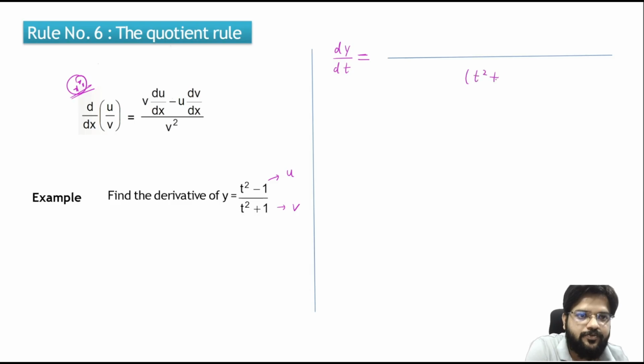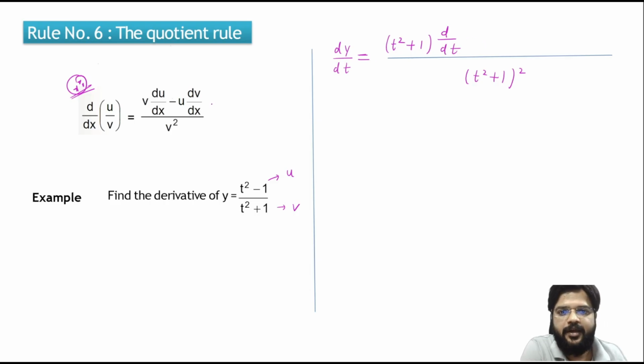So t square plus 1 whole square, and then the denominator function we will write in the numerator as it is. So t plus 1 we are writing as it is, dy by dt, correct, and the numerator function we are writing and doing differentiation.